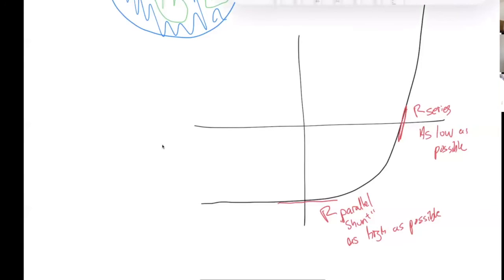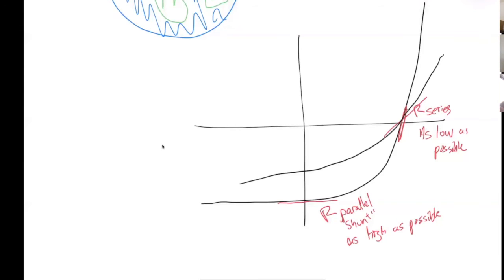Now, if your series resistance is, say you have a series resistance like this, then the best you can do with your curve is maybe something like that, or something where the fill factor is degraded and the short circuit current density is degraded.